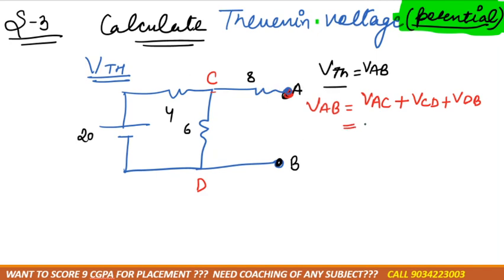Now, VAC is how much? Can we write it down? IAC into RAC, yes, IC into RCD, IDB into RDB, right? As you can see that it's an open circuit. Now tell me, will the current flow across 8 ohm as it's an open circuit?